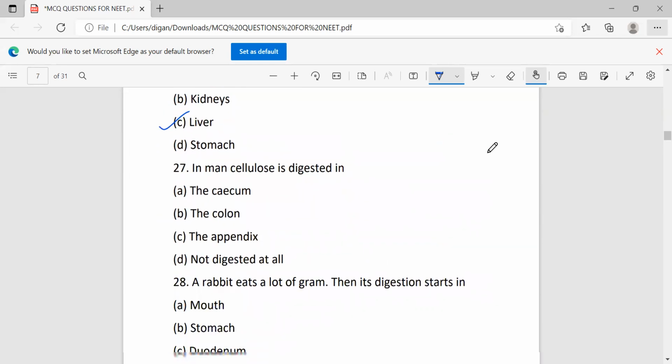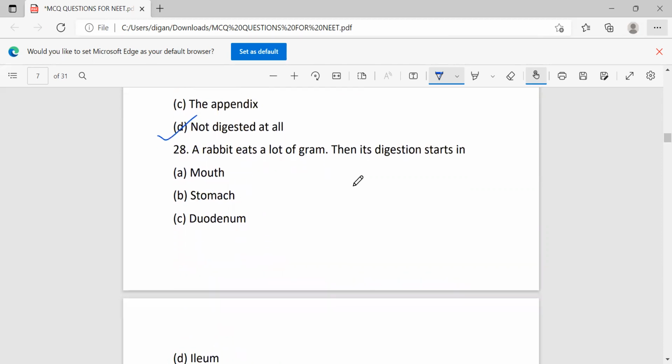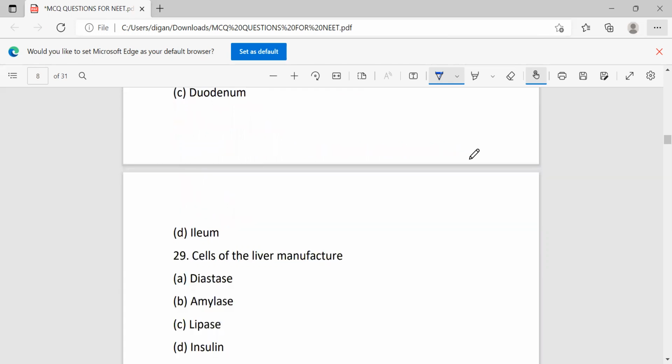Next question: in man, cellulose is digested in, option D, not digested at all. A rabbit eats a lot of gram and digestion starts in, for this the correct option is B, that is stomach.